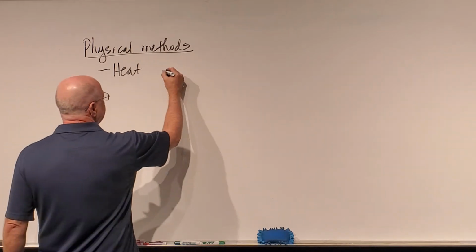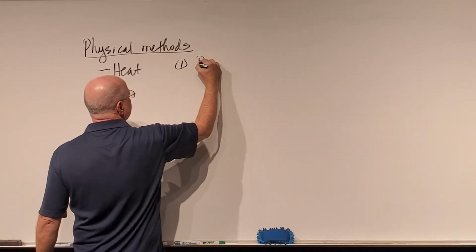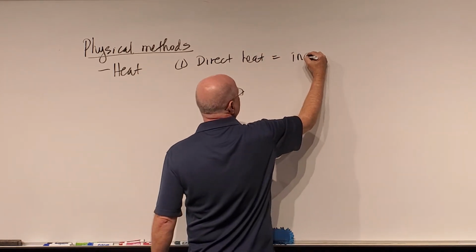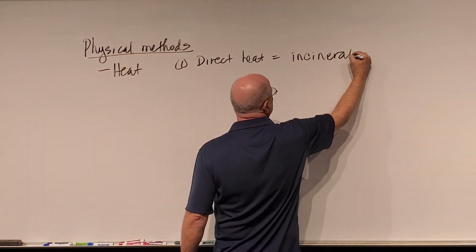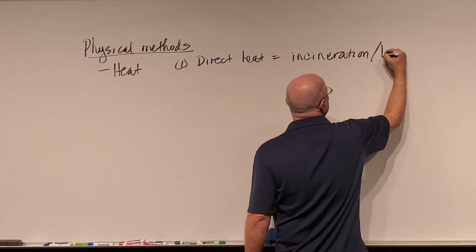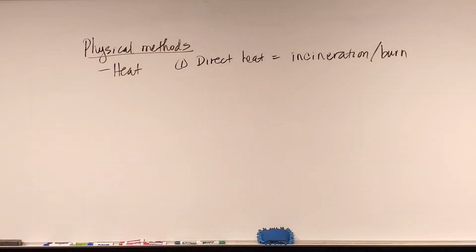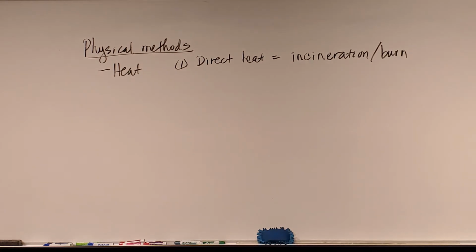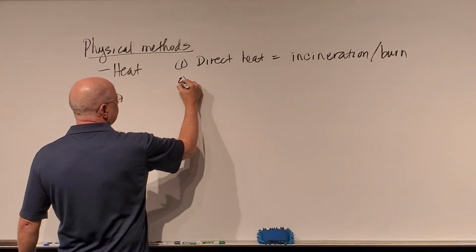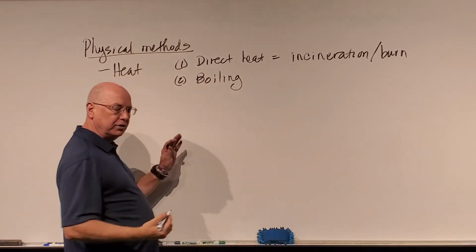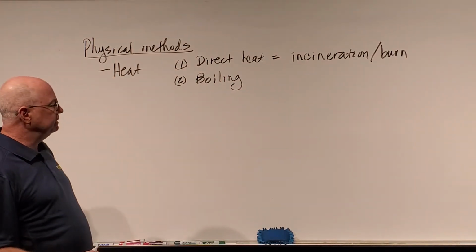So when we talk about heat, one way to use heat is direct heat, and we call that incineration. You simply burn things and reduce them to ash. That'll remove life forms for sure. Now, sometimes when we talk about the use of heat, we can talk about boiling. This is what we call a use of moist heat, but it's not necessarily steam.